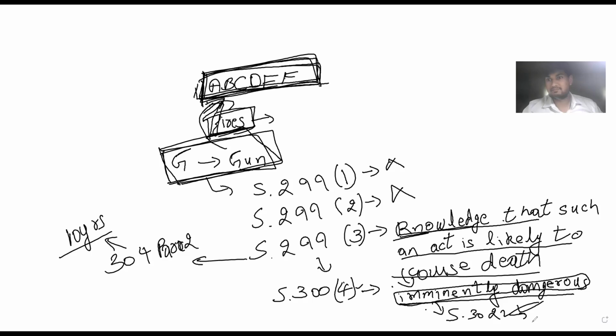Punishment: death or life imprisonment plus fine, depending upon facts and circumstances of the case and the judicial mind of the judge. Okay, I am removing it now. Section 300 part 4 is done.